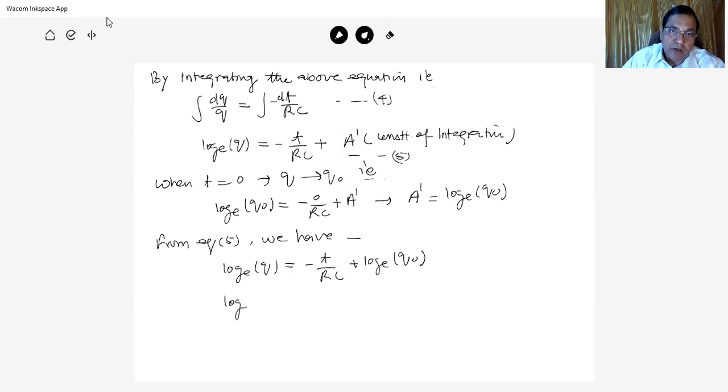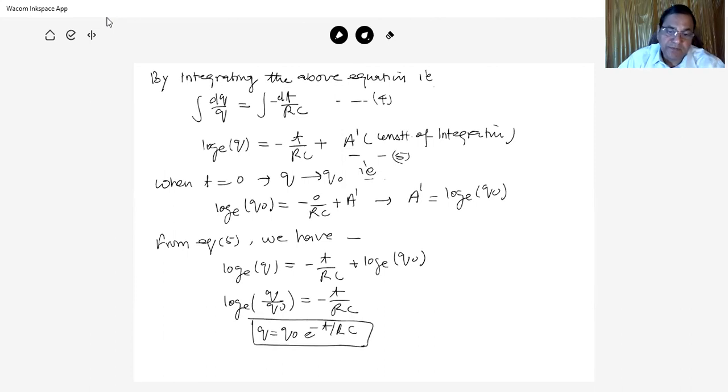So this is log base e q upon Q0 is equal to minus t upon RC. So q is equal to Q0 e raised to the power minus t upon RC. So this is equation number 6.